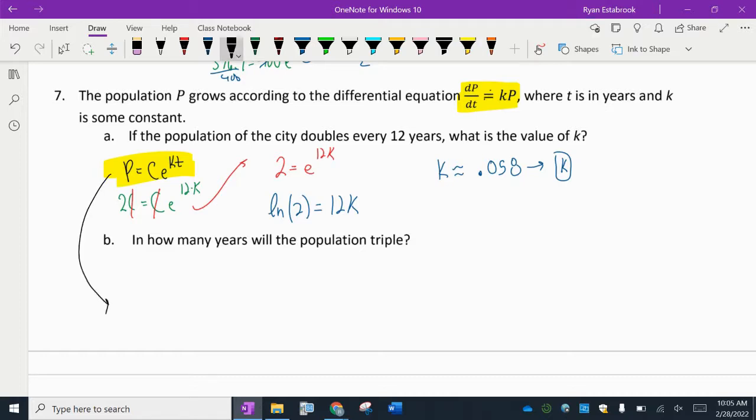So I'm going to go back to here again and say, all right, the initial population is C, and I want the population to triple. That means I'm going to call this 3C on the left.